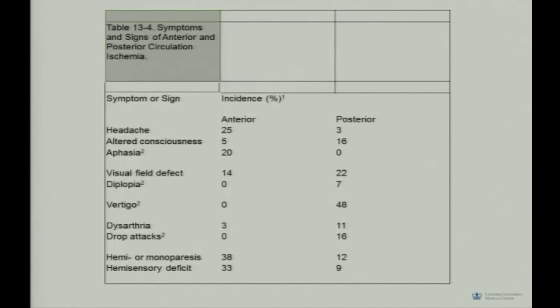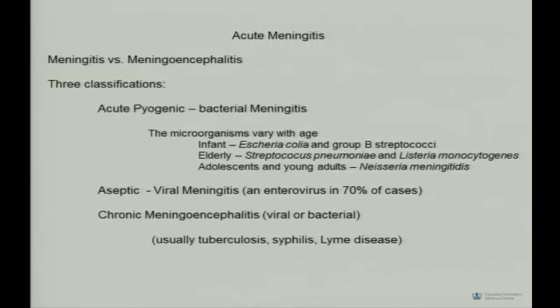And then for the posterior, you're going to have more of this sort of loss of consciousness, more visual field defects, vertigo, right, and less of these movement or sensory defects. Okay. And it's just because of the parts of the brain that are being perfused by these different branches.